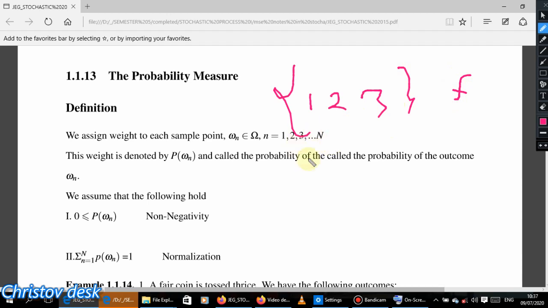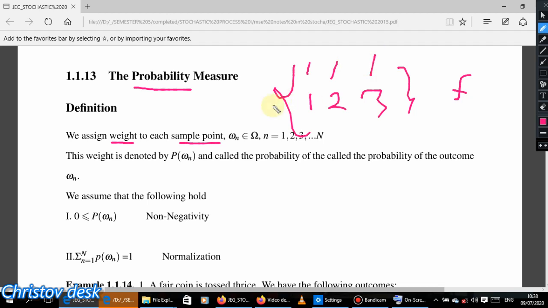We try to assign some weight, and the weight is what we are saying is a probability measure. We assign weight to the numbers or the outcomes, the sample points. Remember, the sample points are the various items that can happen in the experiment. So you assign weight to this, assign weight to that. It means you have defined a certain probability measure on them.